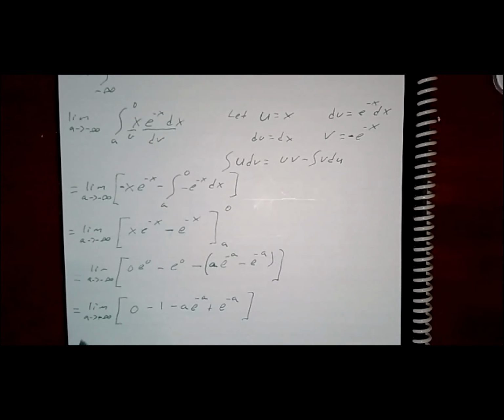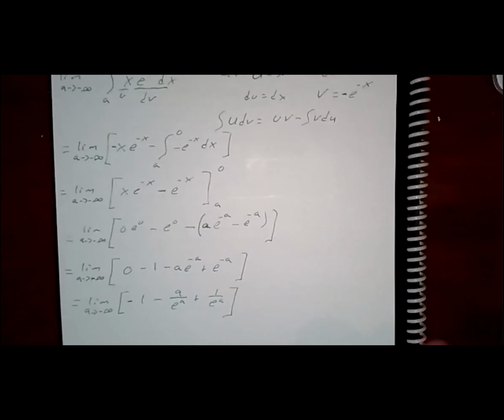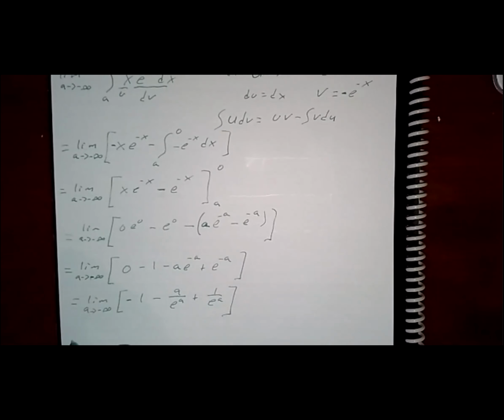So then you rewrite it just so you can see it better. So negative 1 minus a over e to the a plus 1 over e to the a. These go to 0, right? And take the limit.